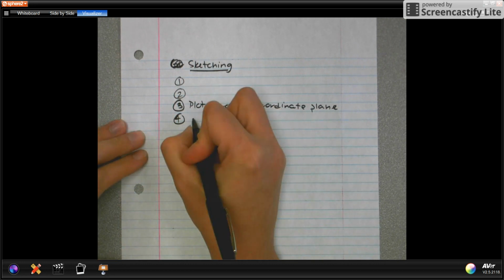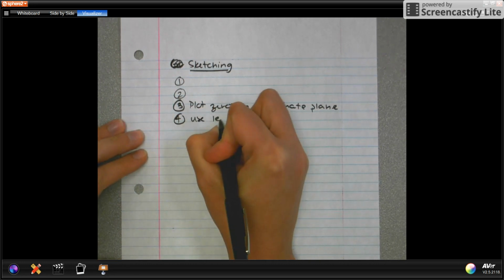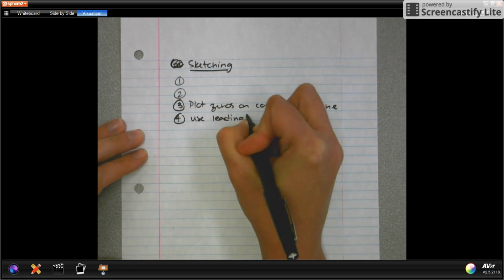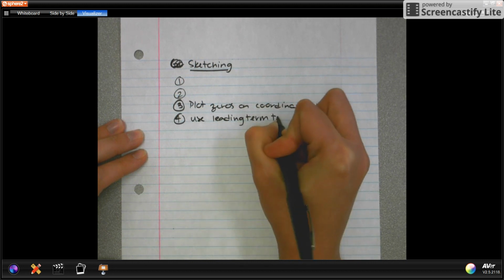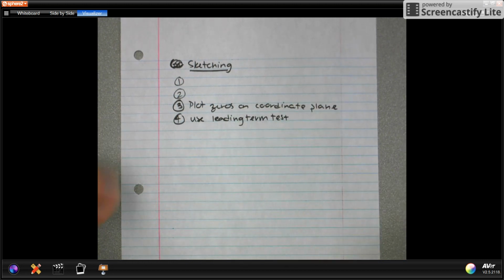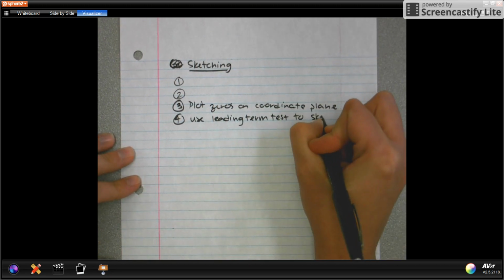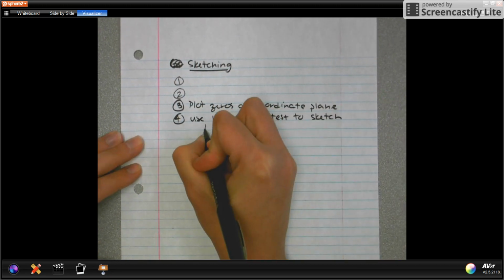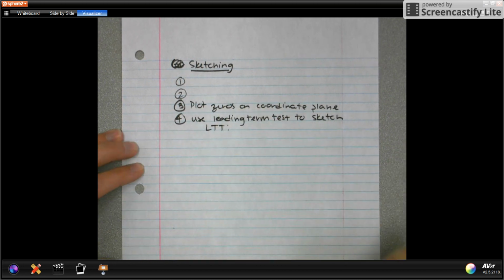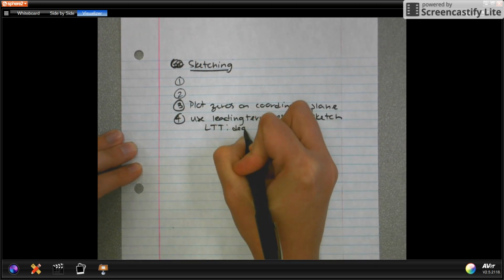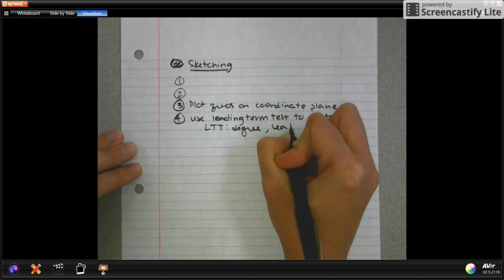From there, we're going to use the leading term test. Some of you might have learned that as end behavior, and we're going to use that to sketch. Remember that the leading term test involves looking at the degree of the polynomial and the leading coefficient.